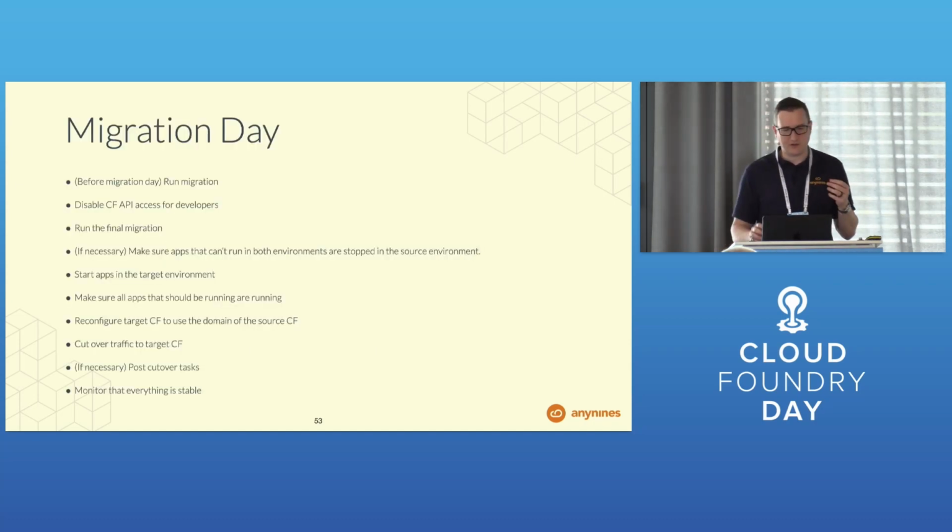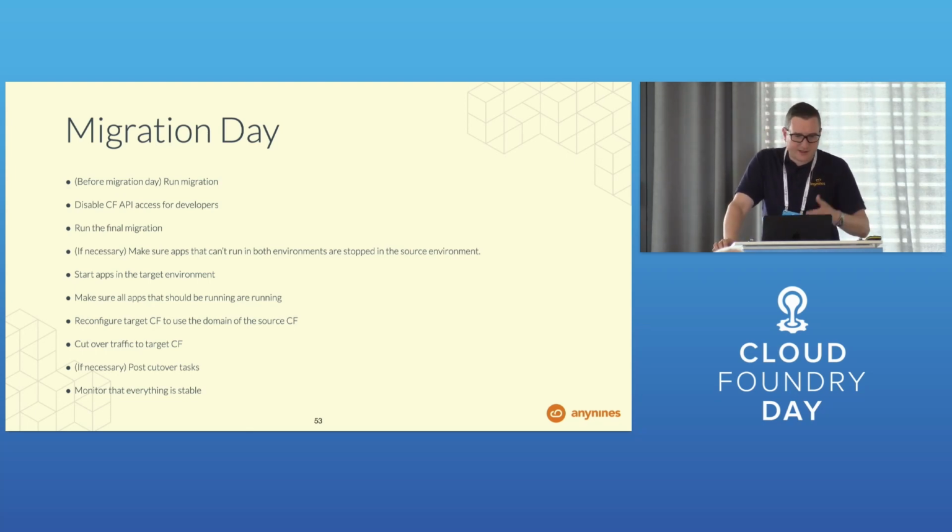At this point, you've already executed the migration logic for the first time, which means the vast majority of state has already been synced to the target system. Then you disable the Cloud Foundry API, you run the final migration. There could be some post steps here, for example, if you have singleton apps that need to be stopped in the source system.